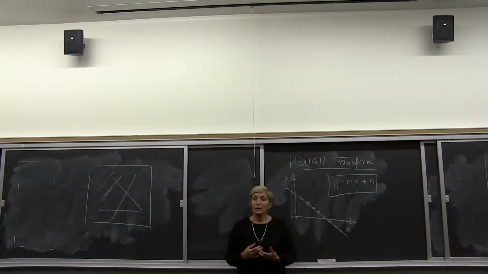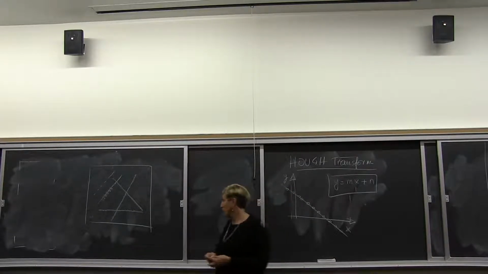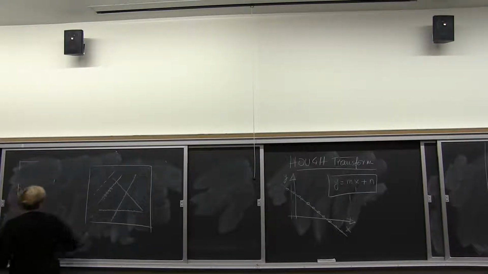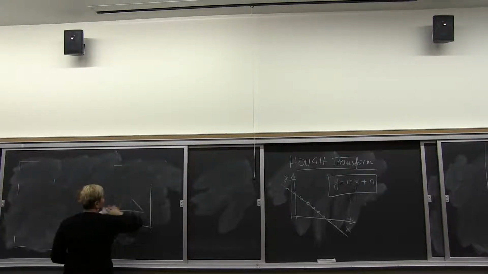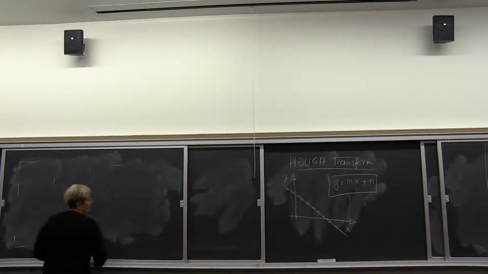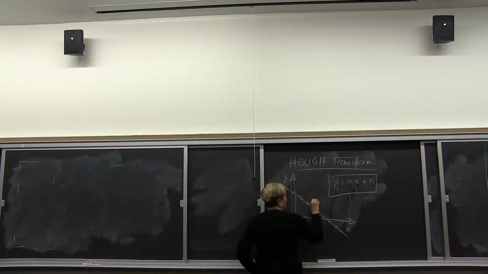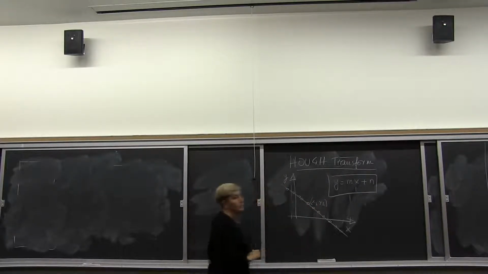How do I do that voting? Say this point has coordinates x1, y1.